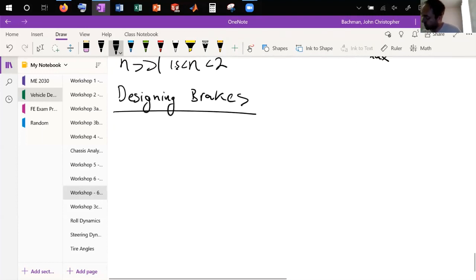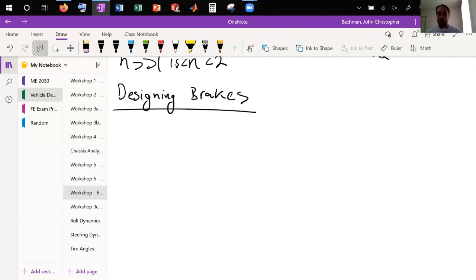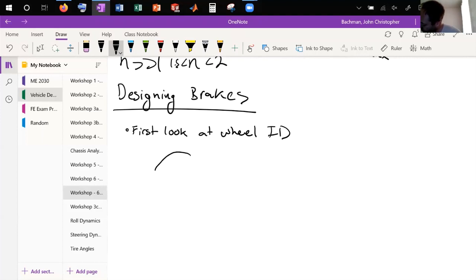So what I would first start by doing is, one, I'd look at the wheels that we pick, look at the wheel ID, right? And basically, if you look at the wheel ID, you can begin to see how big of a rotor can I start to roughly put in here, right?